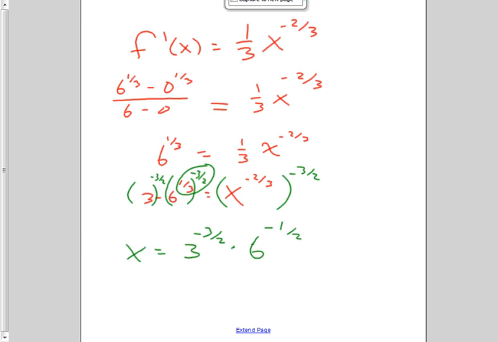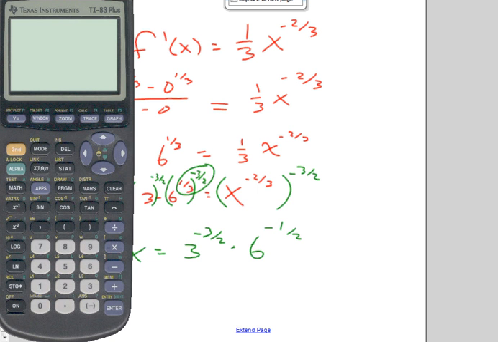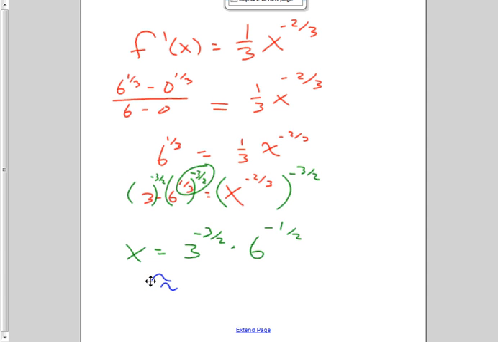And just to see what that number actually is, we have 3 raised to the negative 1.5 times 6 raised to the negative 0.5. So it occurs when x equals roughly 0.079.